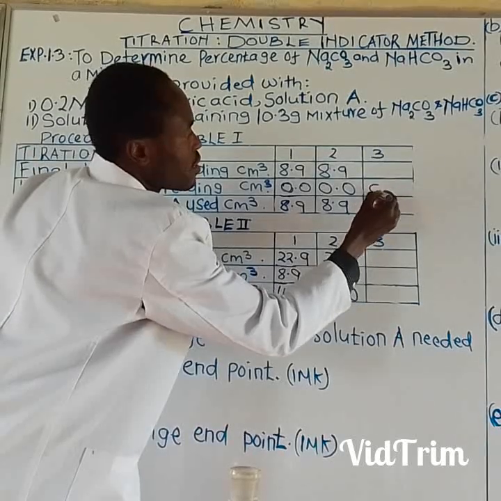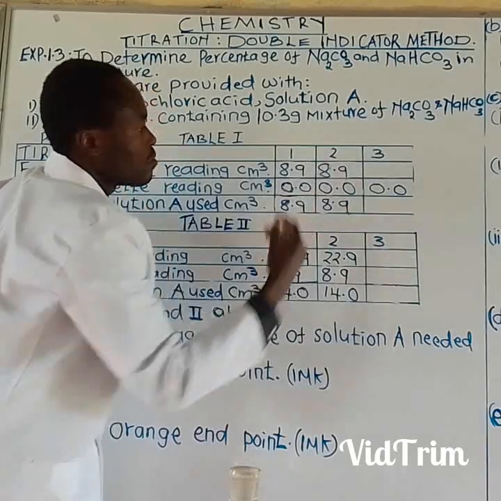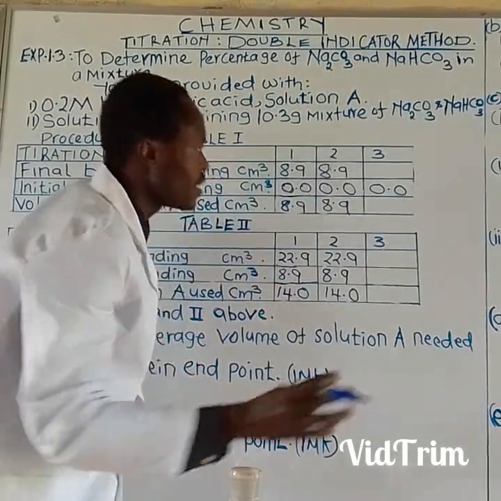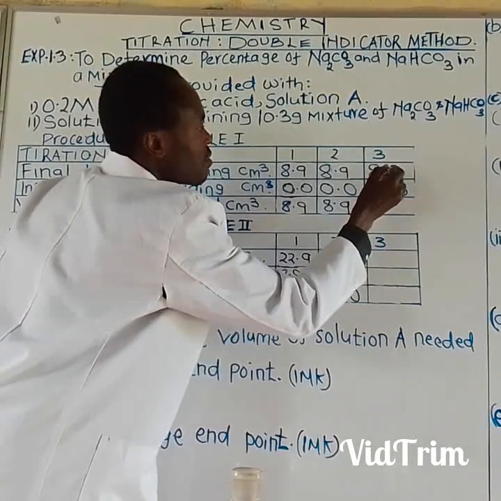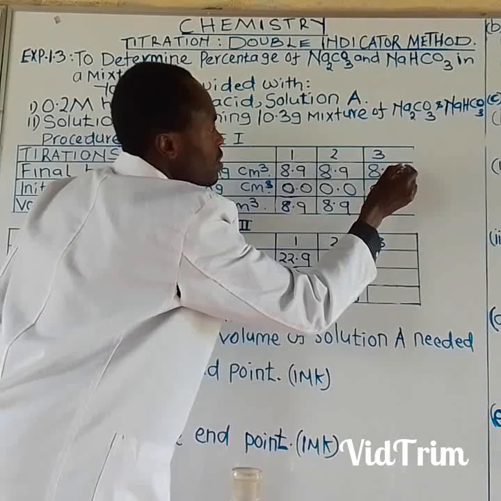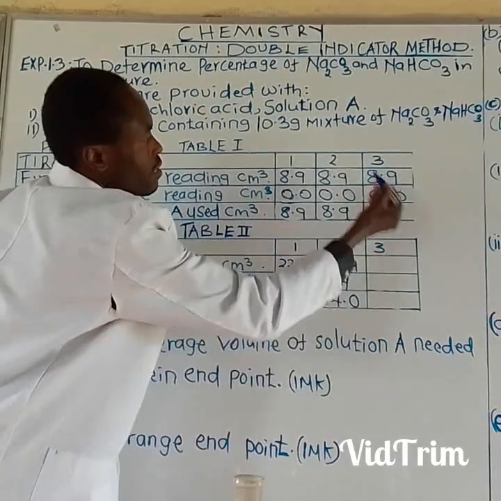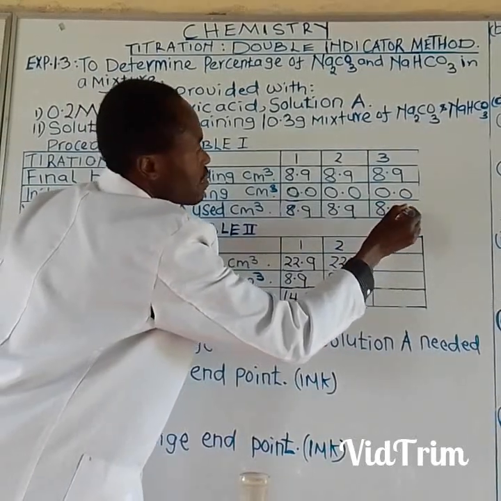Then again you fill the burette to 0 mark and you repeat the procedure so that always in table 1 you are starting at 0.0. Then when you titrate using phenolphthalein indicator, if you are very careful, you will again land on a value close to 8.9. Is it okay? And then when you subtract the final minus initial, you get 8.9.